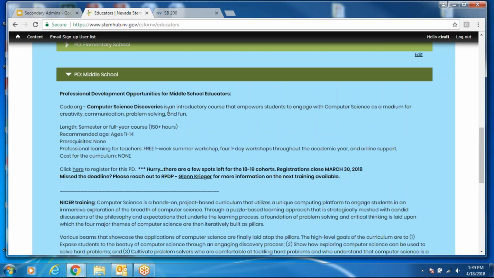When it comes to licensing and for teaching the discoveries course only, they do not need to have the licensing endorsements that I will talk about in just a minute, as long as you can prove that the teacher took this full training, so it's the whole year by the time you're done, the summer workshop and the 4-day quarterly workshops. They receive a certificate from RPDP.